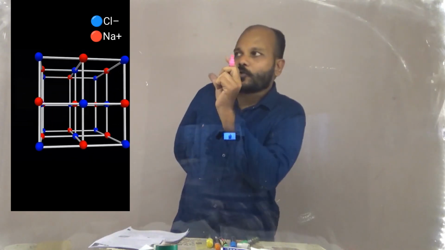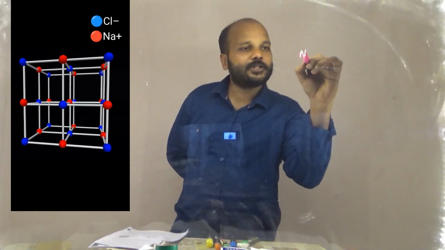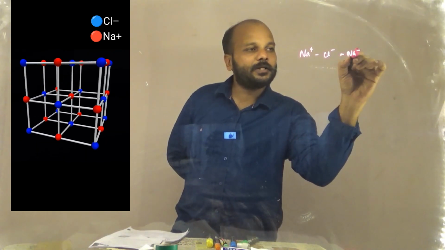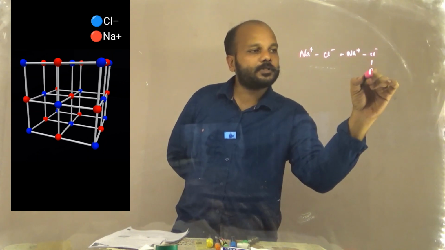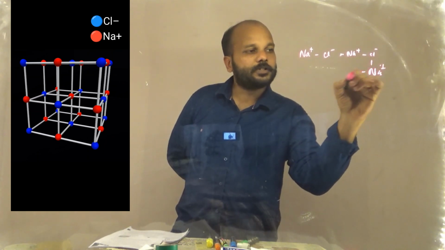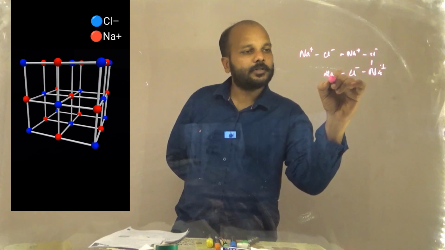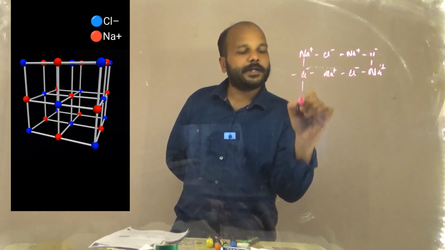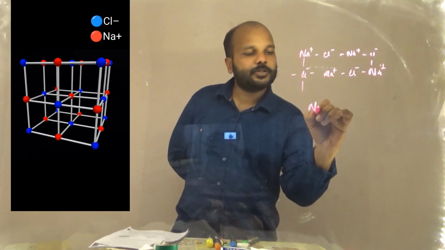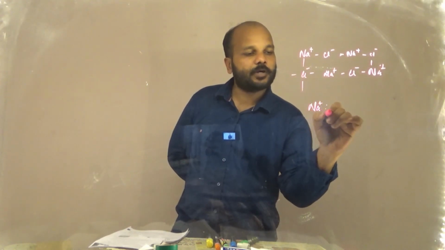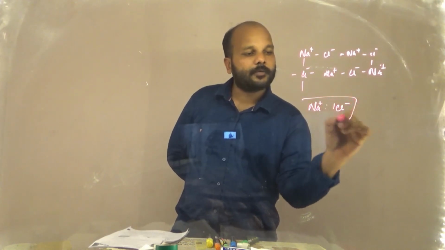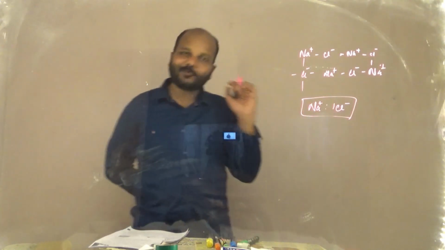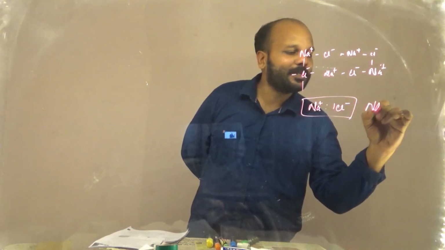If you closely observe, the Na plus is bonded to Cl minus, which in turn is bonded to Na plus, and so on. The ratio is that every Na plus is bonded to one Cl minus. So its formula is going to be NaCl.